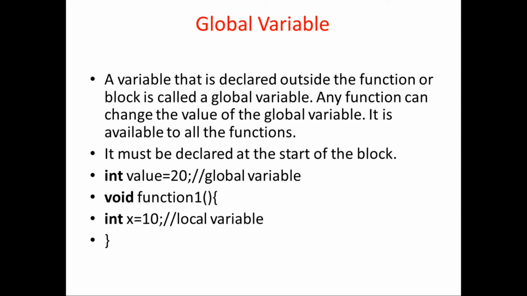But if it is a local variable, you can use it only within that particular block or function, whereas a global variable can be used anywhere in your program. Just look at the example: int value equal to 20. This variable has been declared before the function, so it is considered a global variable, and you can use this value anywhere in the program if needed.